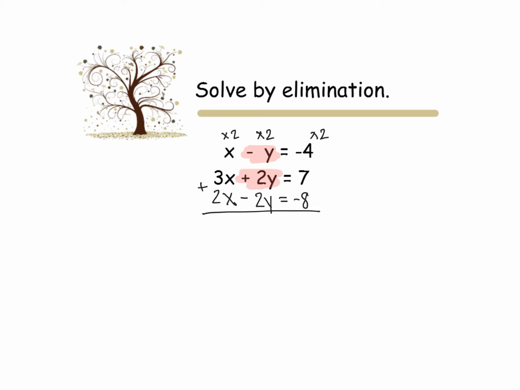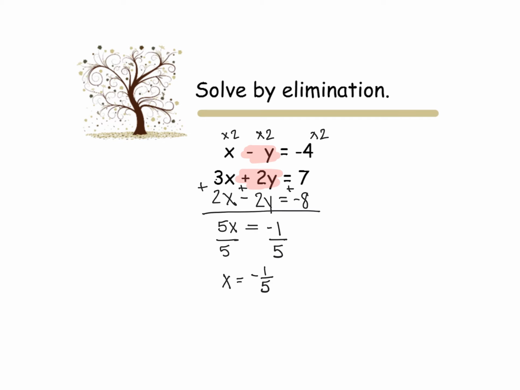And then when I add my columns, my 2's would cancel out. So 3x plus 2x is 5x. 2y plus -2y is going to be 0y. And 7 plus -8 is -1. Then I would divide both sides by 5. And I get x equals -1/5.